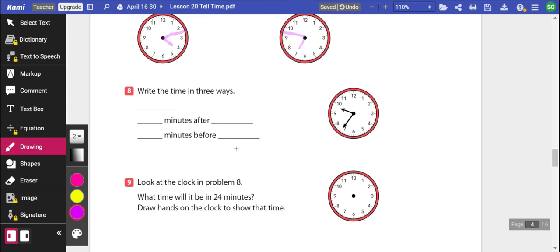All right, now we're going to write the time in 3 different ways. Ooh, they're trying to challenge us. Okay, we can do this though. So first, let's just write the time the normal way. So looking at my hour, I'm between the 9 and the 10. So I'm always going to pick 9 o'clock. So we're still in the 9s.